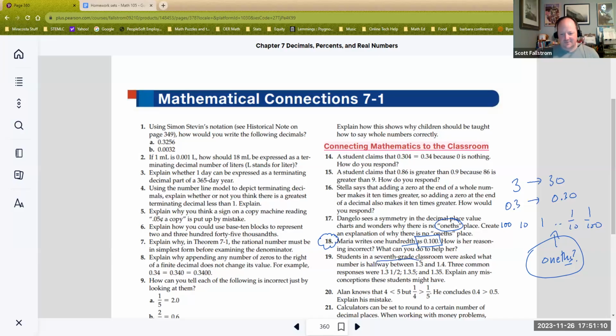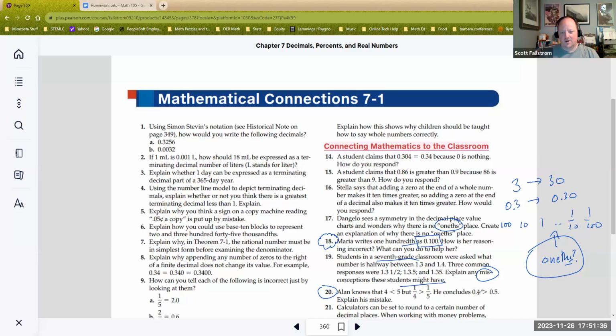All right, students in the seventh grade classroom are asked what number is halfway between 1.3 and 1.4. Common explanations were 1.3 and a half, 1.3.5, and 1.35. Explain any misconceptions the students might have. Interesting. Let's see here. And Alan knows 4 is less than 5, but 1/4 is greater than 1/5.